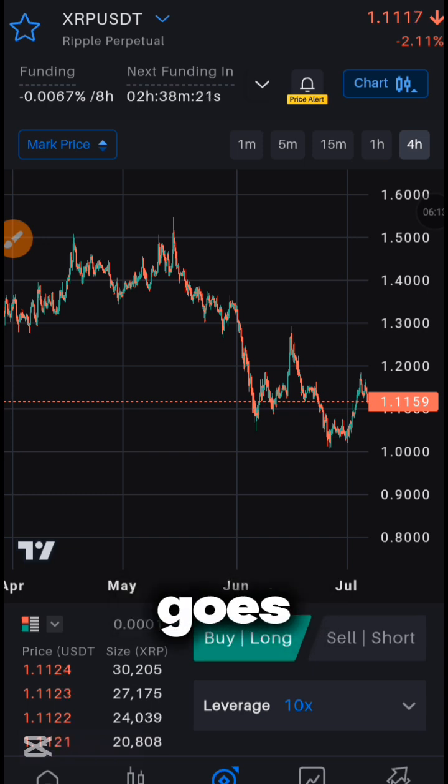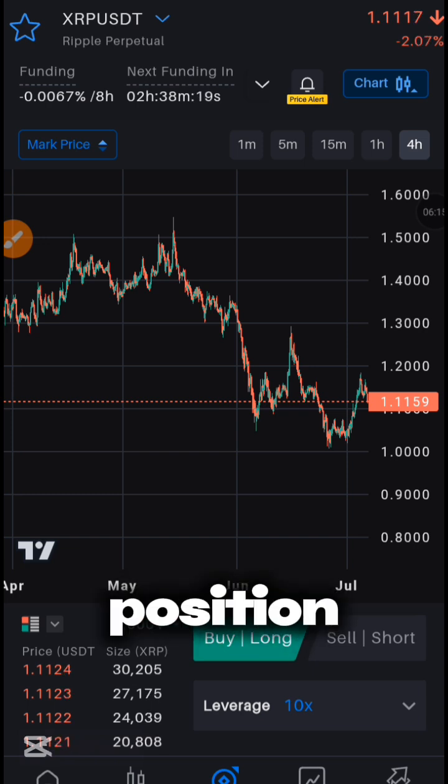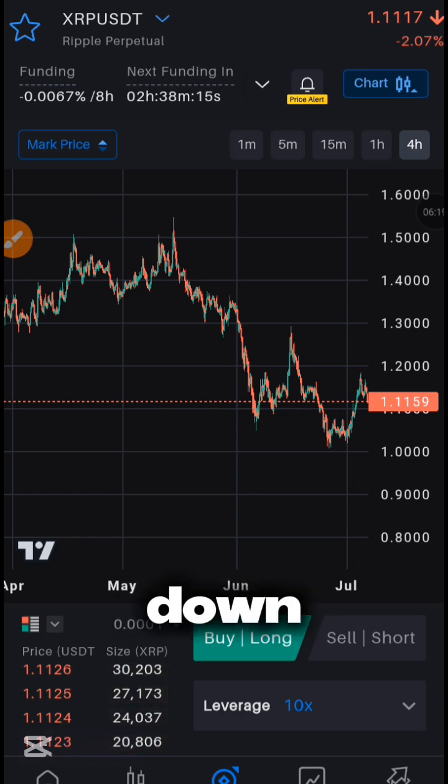If Bitcoin goes up by 1%, your position makes $10 profit. If Bitcoin goes down by 1%, you lose $10. If it goes down by 10%, your entire $100 is gone.